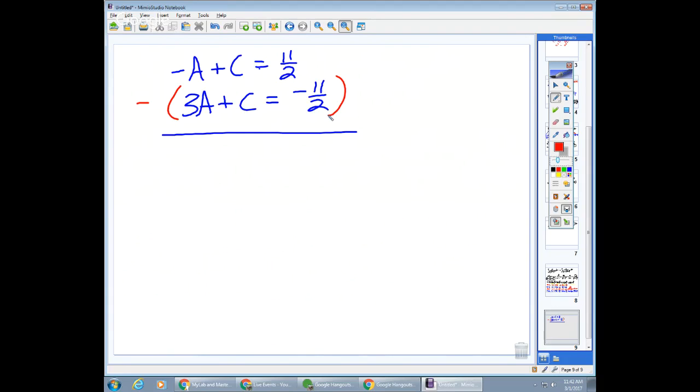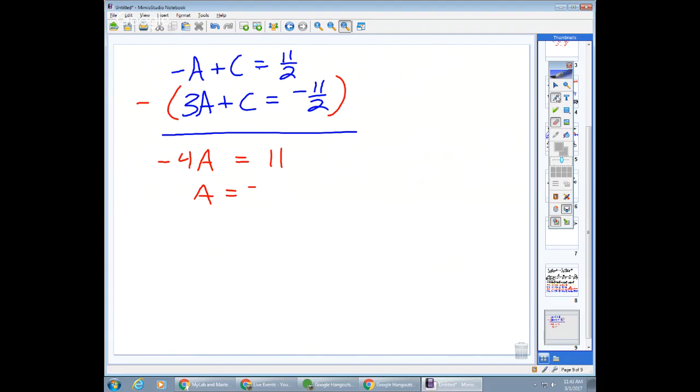So that's going to give me what? Negative 4a's. C's go away. Equals 11 halves plus 11 halves, which is 11. And so a is negative 4/11, I think. No? Negative 11/4. I did that earlier today.